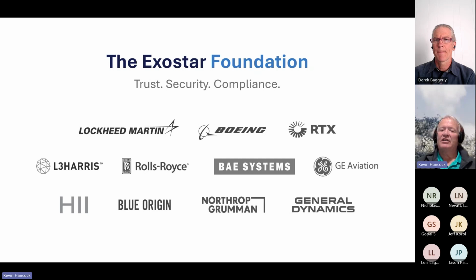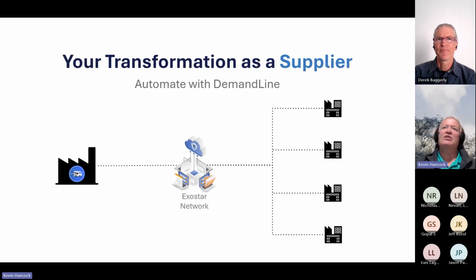And the thing that we're here to talk about today is Exostar's Demand Line application. This is a SaaS application that allows you to connect into those different supply chain portals and automate the download of information from those to give you information about changes in demand that are going to affect your business, hopefully positively, but sometimes negatively, allow you to respond accordingly per your contract, allow you to take that information and update your ERP systems.